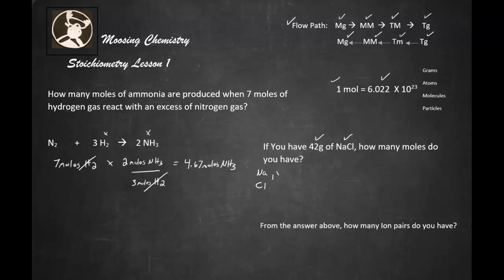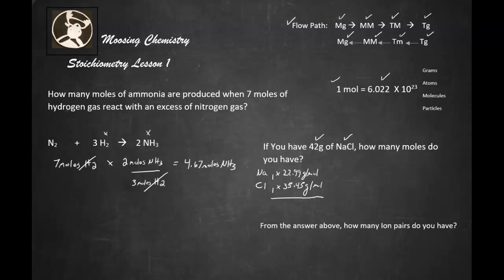Well, Na is 1 times 22.99 grams per mole. Chlorine is 1 times 35.45 grams per mole.